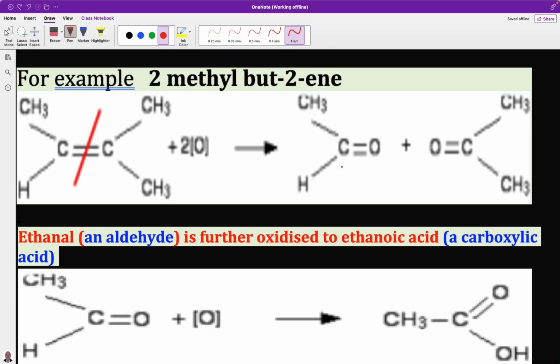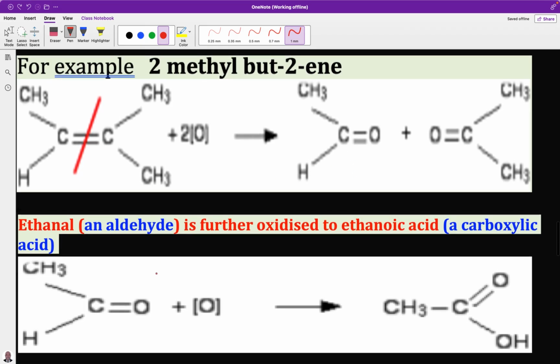This ethanal, because it is an aldehyde and has a hydrogen here, will be further oxidized by the oxidizing agent to its corresponding carboxylic acid, which is ethanoic acid. This part of the molecule will give ethanoic acid, while this part will remain as propanone.